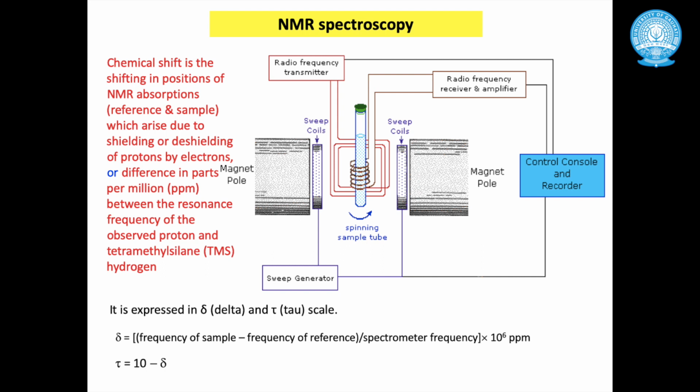The frequency of reference is also known to us because tetramethylsilane in each solvent will have a particular chemical shift, and it is finally multiplied with 10 raised to power 6 ppm, which is to amplify the signal because the signal is very weak.